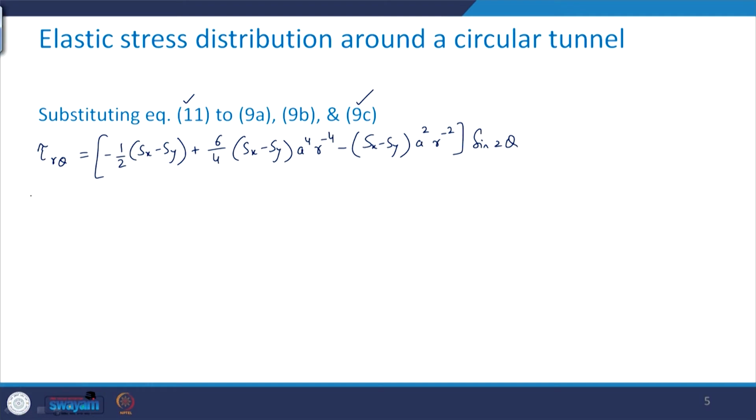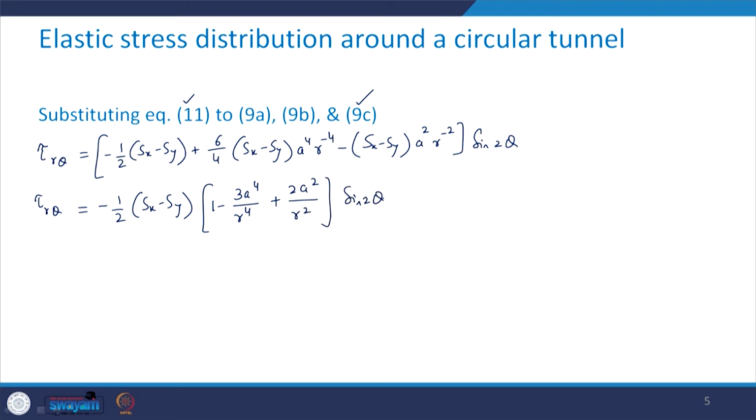On simplifying this, we get tau r theta equal to minus half Sx minus Sy into 1 minus 3 a to the power 4 upon r to the power 4 plus 2 a square upon r square, into sin of 2 theta, and this equation will become equation 12c.